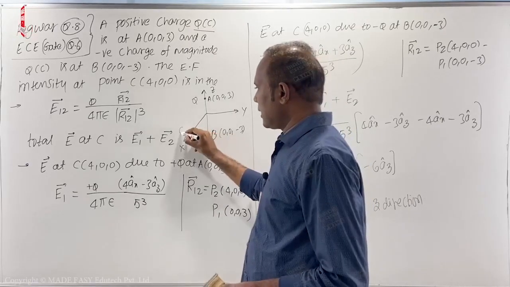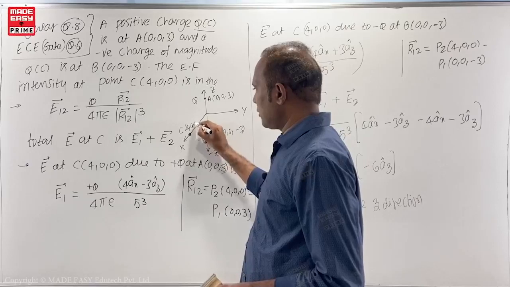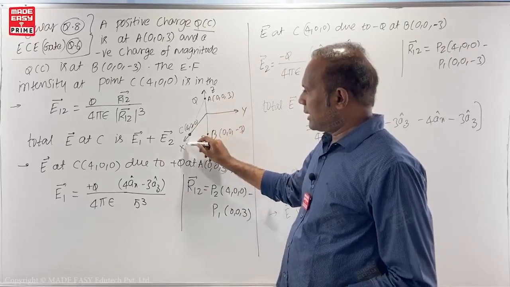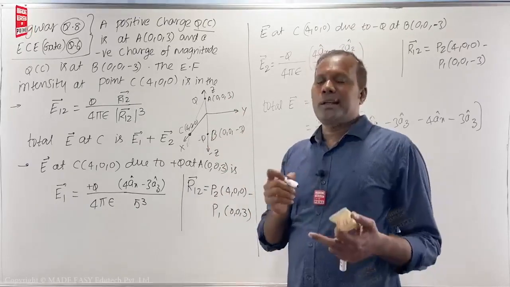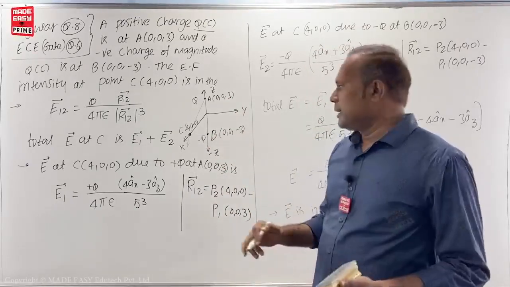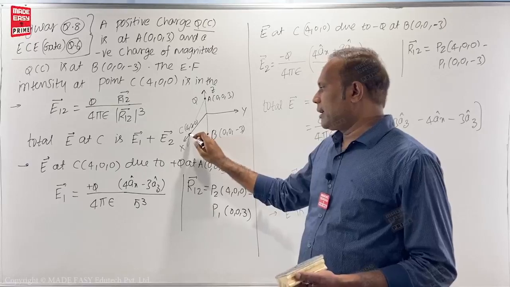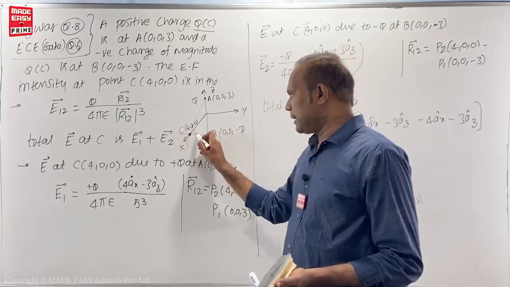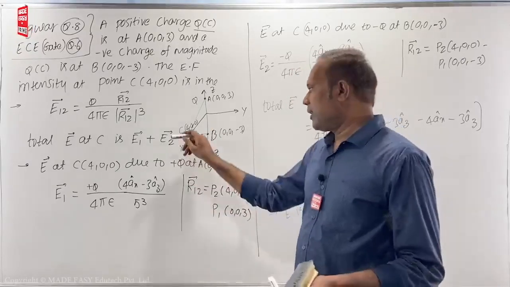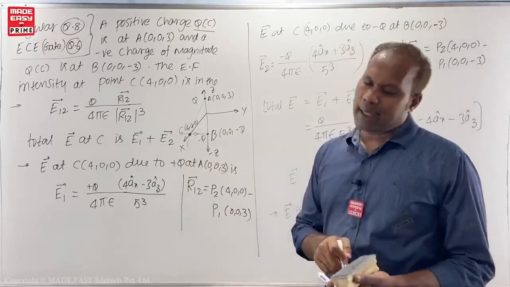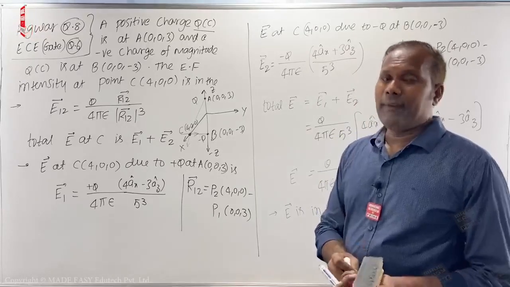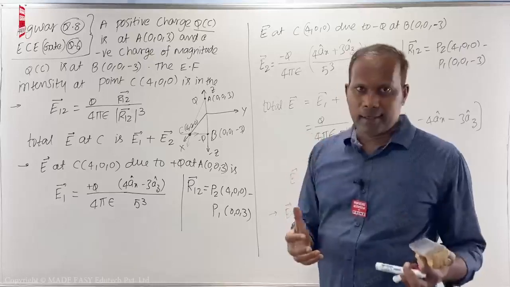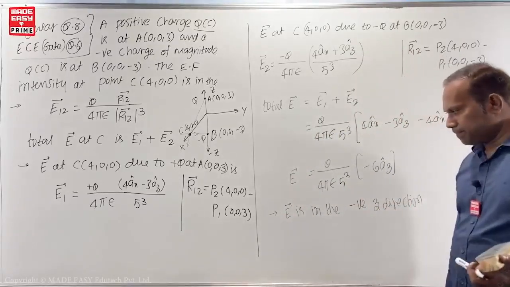Then electric field is required at point C, that is (4, 0, 0). Then find the electric field here. The electric field direction is like this. Then divide into tangential and normal components. Similarly, electric field here due to this one is in this direction, because the electric field is towards minus q. Then again split that, and it will have two components. So some cancel, some add. Again you get the same answer.